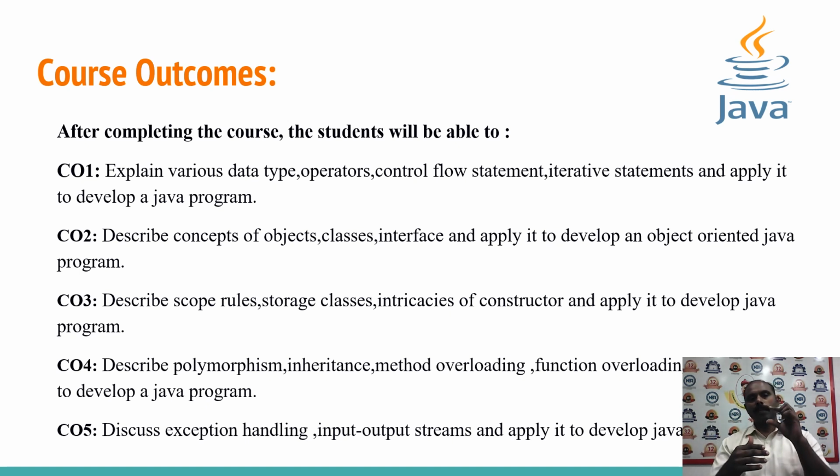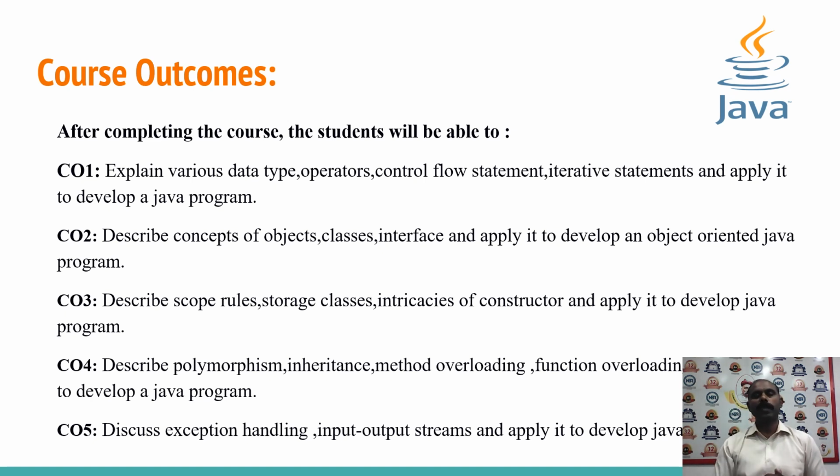If you define a variable inside a function, what is its scope? If you define a variable inside a class, what is the scope of that variable? We implement that concept in Java programs in course outcome 3.